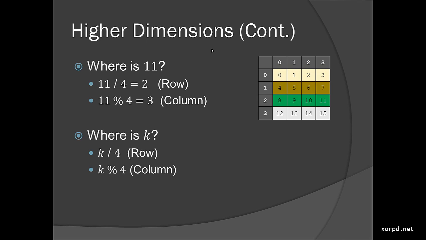How can you find the floor where your friend lives? Very simple. You divide 11 by 4, and then you find out that your friend lives on floor number 2. By the way, you can also know exactly where his apartment is going to be located inside the floor by taking the modulo.